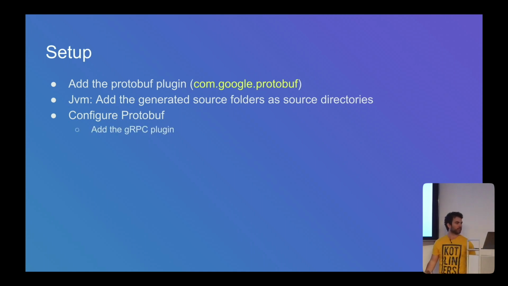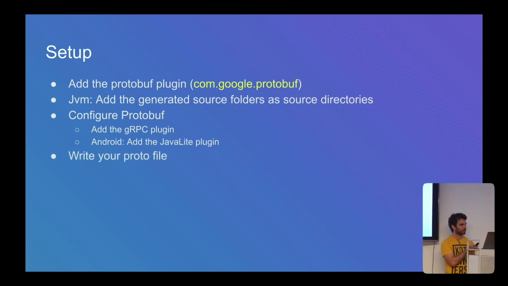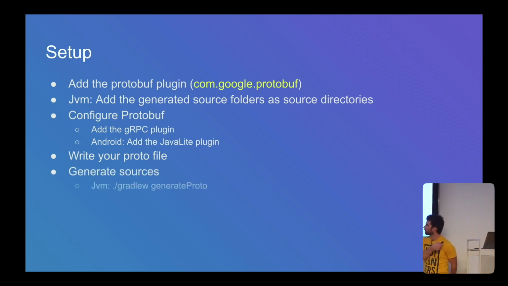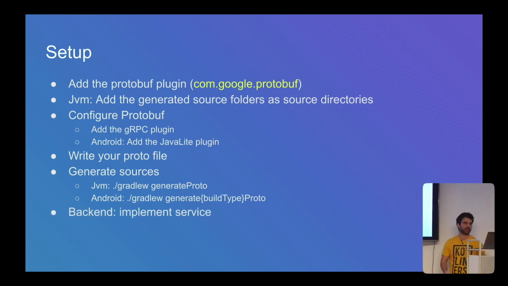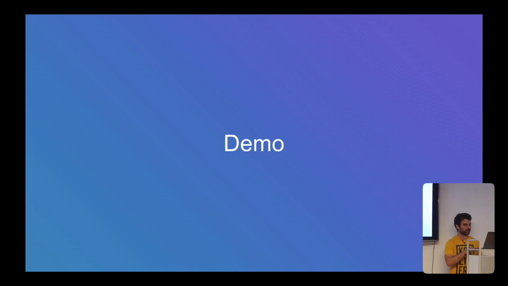You have to add the gRPC plugin, and on Android you have to add the lite plugin, which is responsible for only generating the client side of the code. Then you write the proto file, which we already did, and generate the sources. On JVM, it's Gradle generateProto, and on Android it's generate build type proto. In my case, it was generateDebugProto. And you have to implement the service. So, the demo again.